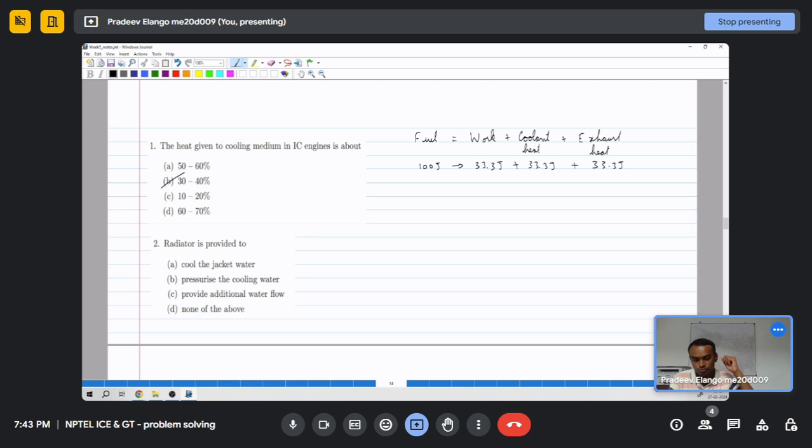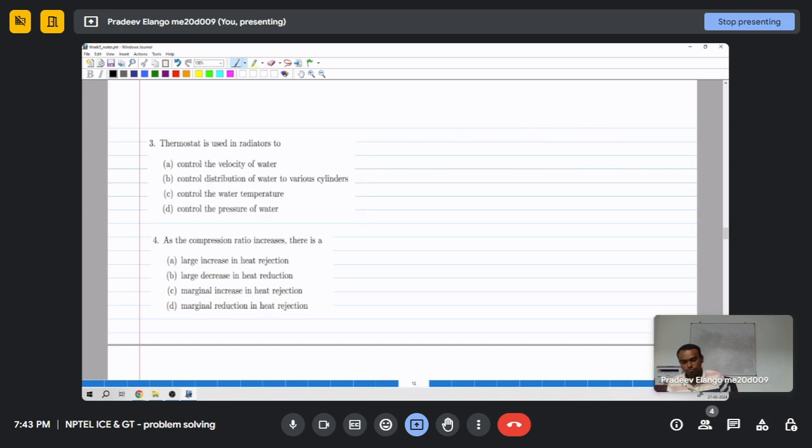Radiator is provided to cool the jacket water, pressurize the cooling water, provide additional water flow, none of the above. Thermostat is used in radiators to control the velocity of water, control distribution of water to various cylinders, control the water temperature, or control the pressure of water.